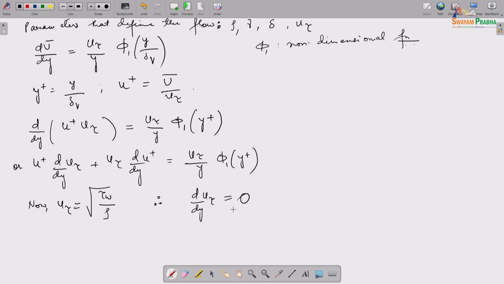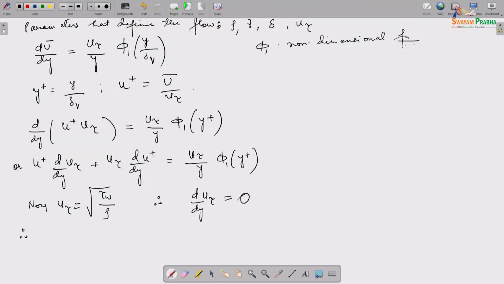Tau wall is a constant value, so it does not vary along the y axis. Therefore, taking the derivative along the y axis of u tau, which is a function of tau wall, is equal to 0. So then what do we have? Therefore, u tau.